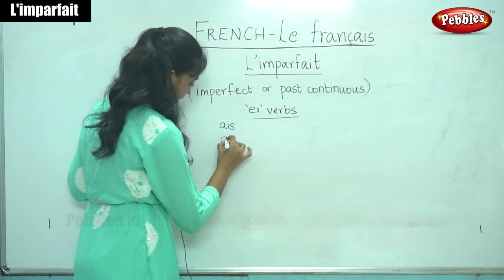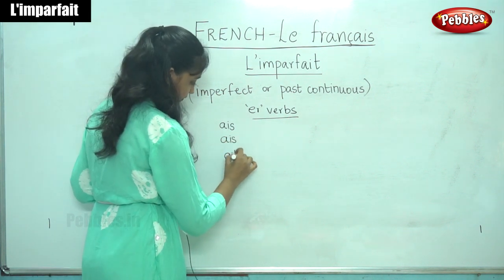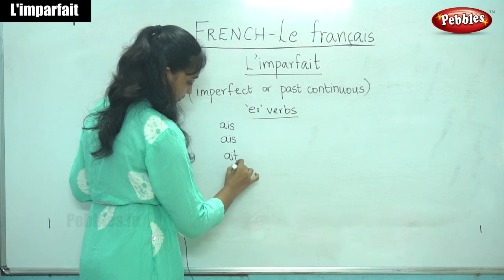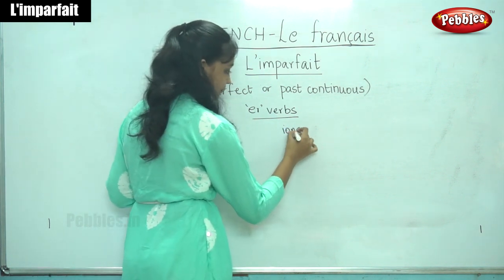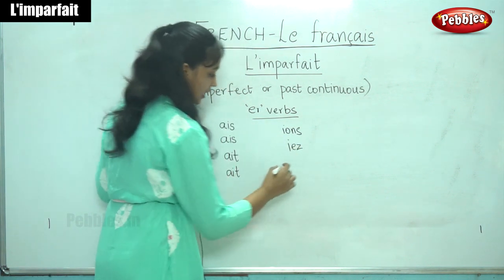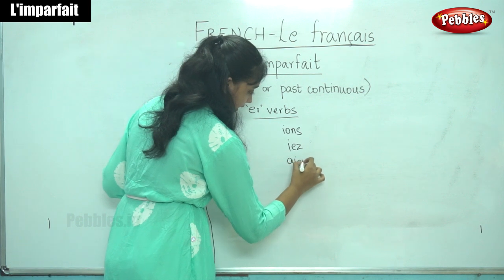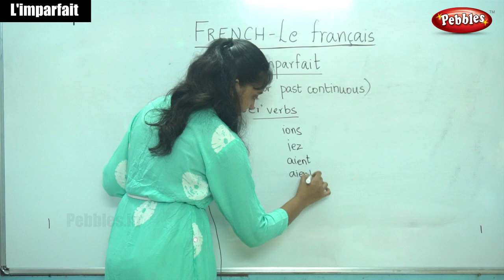So the endings are AIS, AIS, AIT, AIT, IONS, IEZ, AIENT, AIENT.